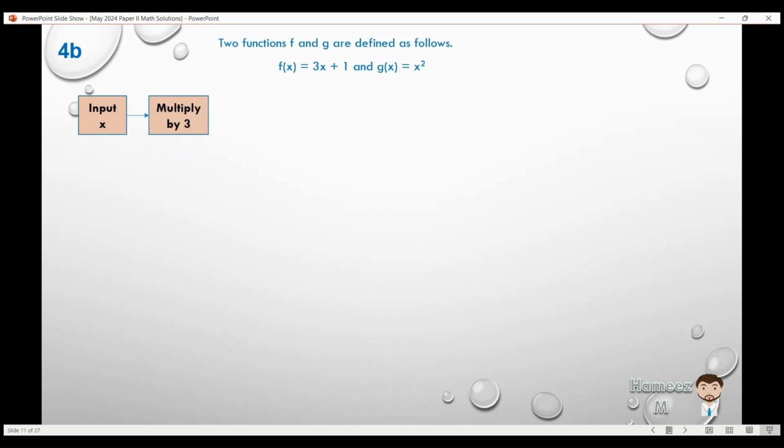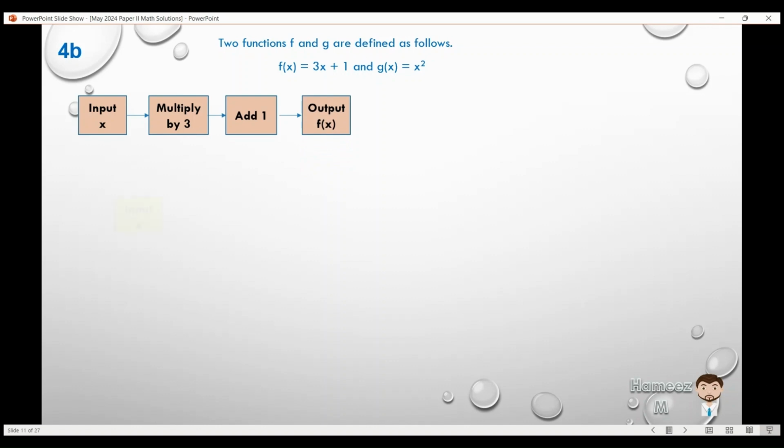Whatever our input is, we're going to multiply by 3. And then we're going to do what next? Add 1. So any number we have as our input, we multiply by 3 and we add 1, and that will give us our output. And our output is f of x. So that's a different way of representing the same information.